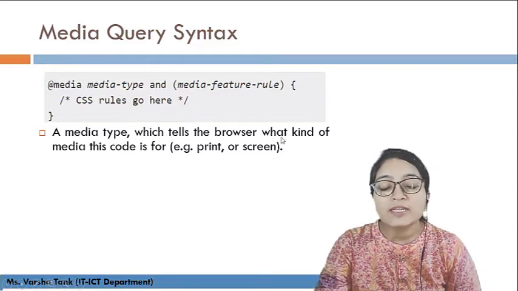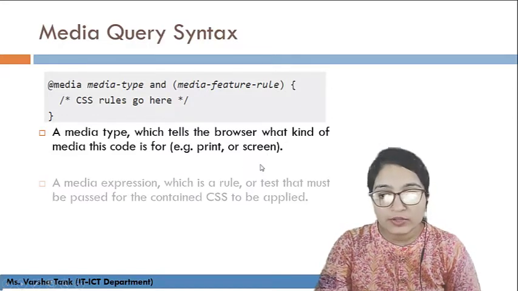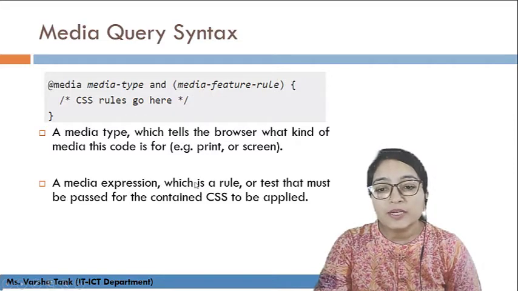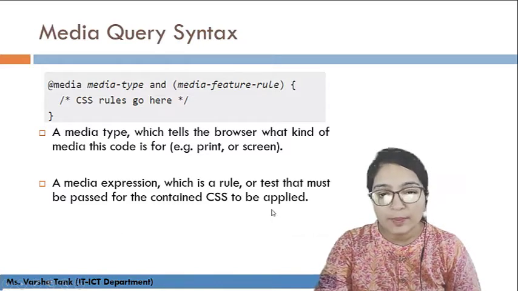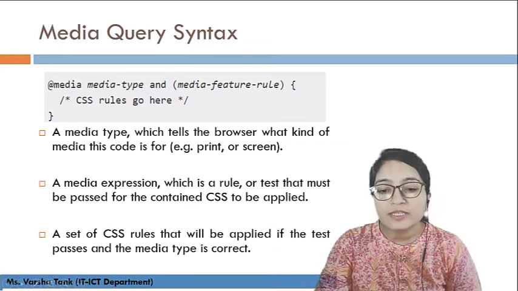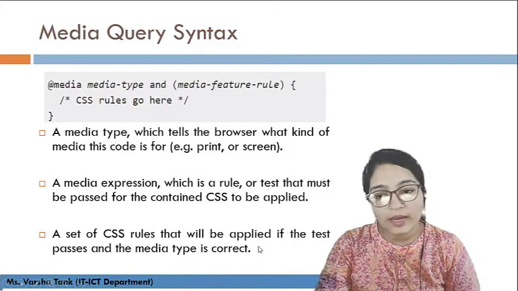A media type which tells the browser what kind of media this code is for, for example, for print, for screen, etc. A media expression, which is the rule or test that must be passed for the contained CSS to be applied. A set of CSS rules that will be applied if the test passes and the media type is correct.